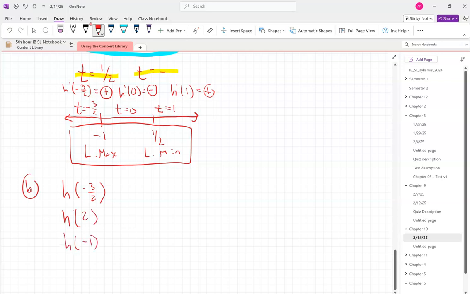And then I need to check my local extrema. Everybody's okay with that? And I'm checking this with H, not H prime or H double prime.